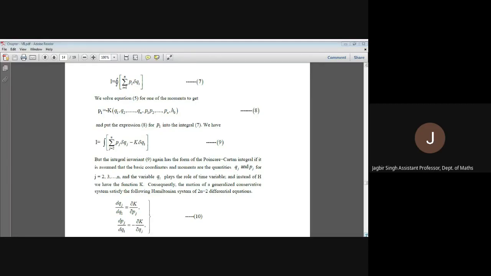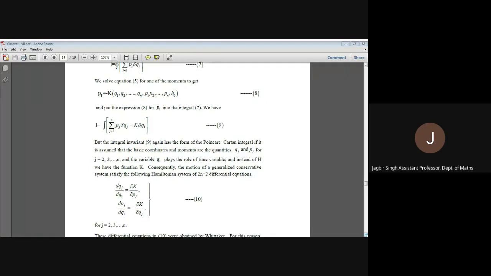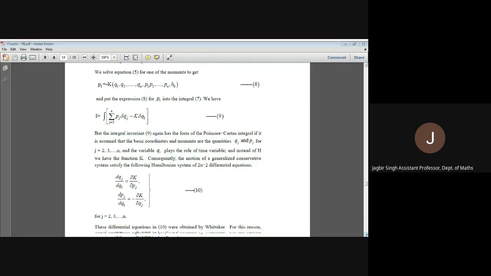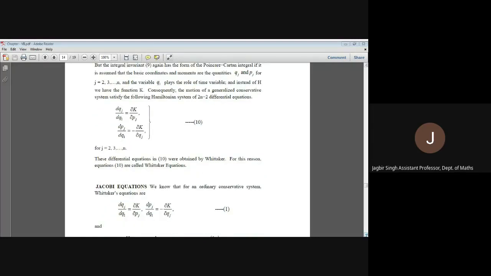So the Hamilton canonical equations corresponding to equation number 9 will be dqj by dt, but t is replaced by q1, so it is dqj by dq1 is equal to curly k by curly pj, because h is replaced by k. Similarly, dpj by dq1 is equal to minus curly k by curly qj. Okay, so the equations obtained in 10 are known as Whittaker equations.